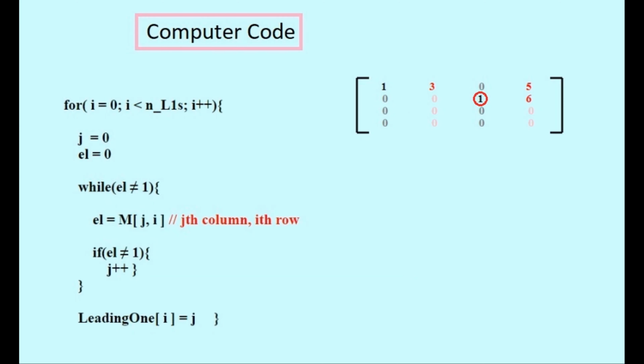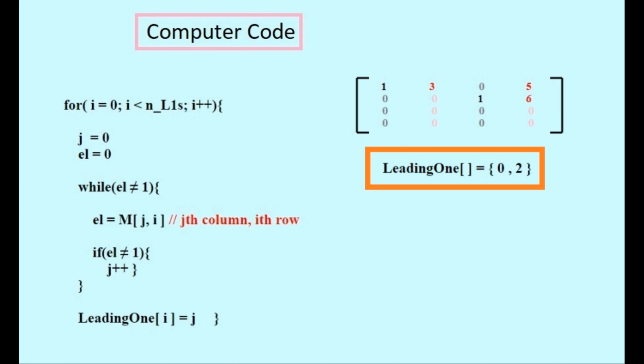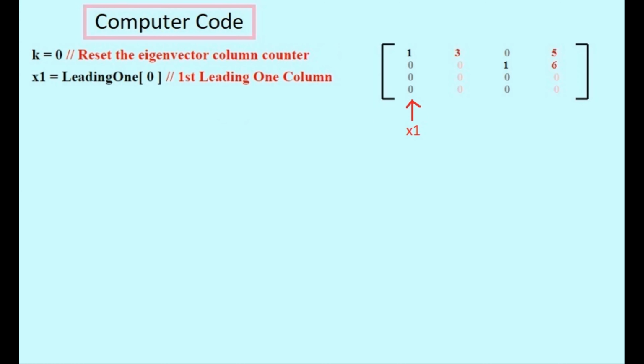After it has found this position for the leading one, it copies it into this array. And so the leading one array should look like this for this matrix. And now to write code to find the columns that contain information for the eigenvectors.